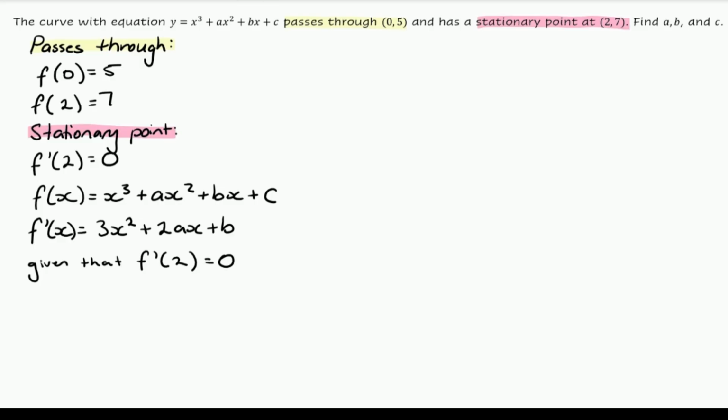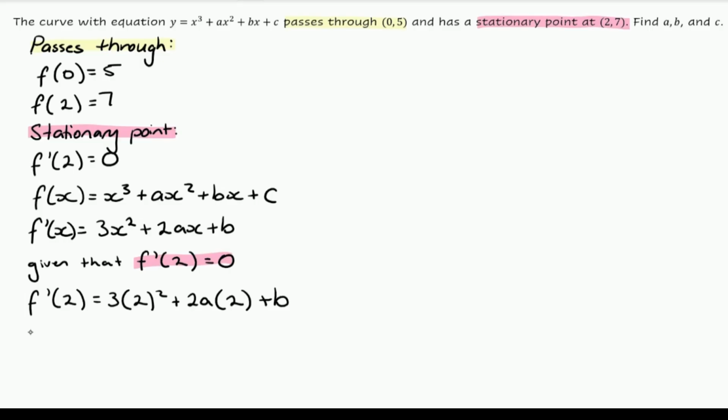Okay. So I might plug this into my derivative function and see if I can find a starting point. So f dash of 2 is equal to 3 times 2 squared plus 2a times 2 plus b.